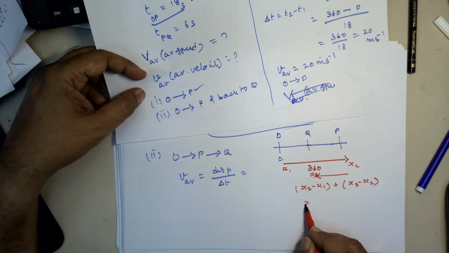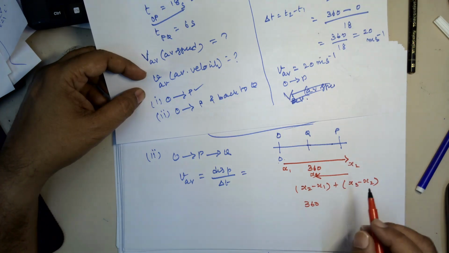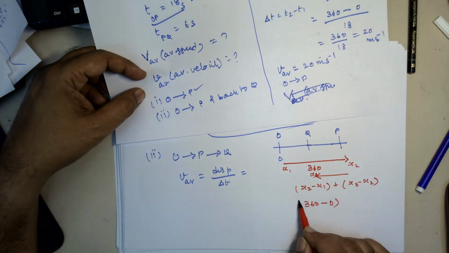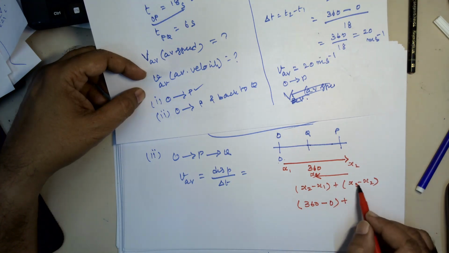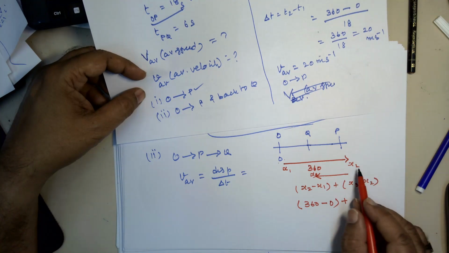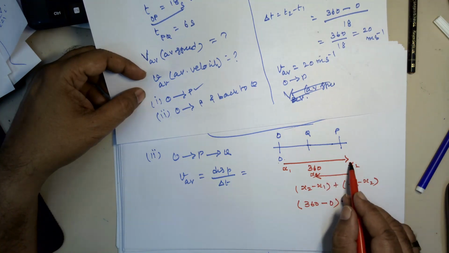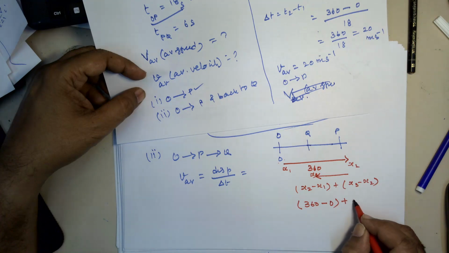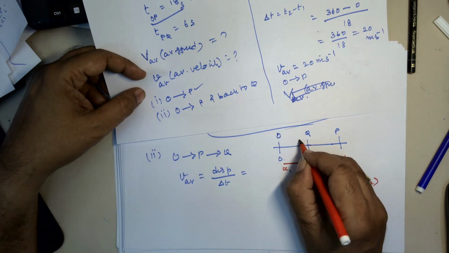X2 is 360, right? Minus x1 position is 0, plus, what about this one? Tell me. x3 minus x2, yes, x3. So the x3 position is 240.